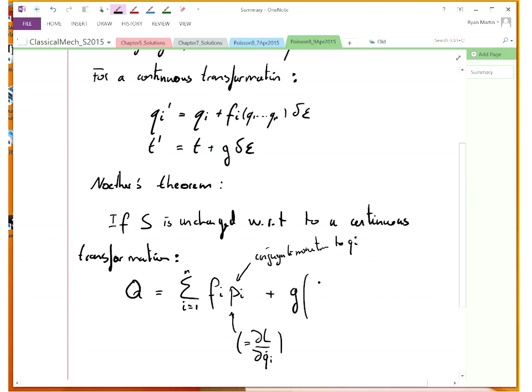It was plus g times the sum of i equals 1 to n of pi qi dot minus L, which we recognize that term in parentheses to be the same as a Hamiltonian if everything is written in terms of p's and q's, or the Jacobian rho in general.